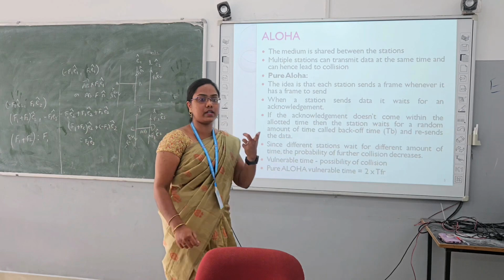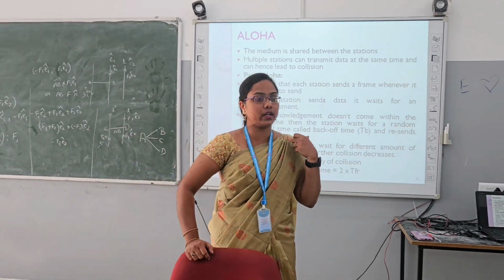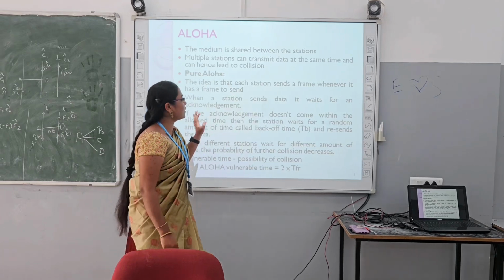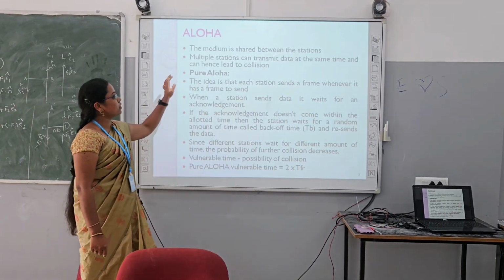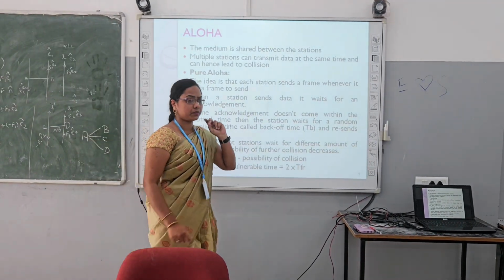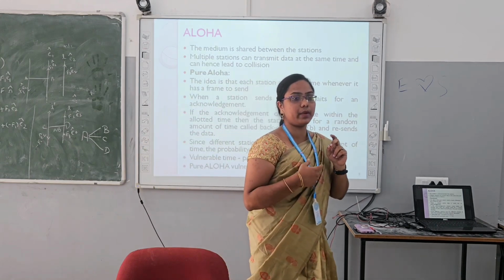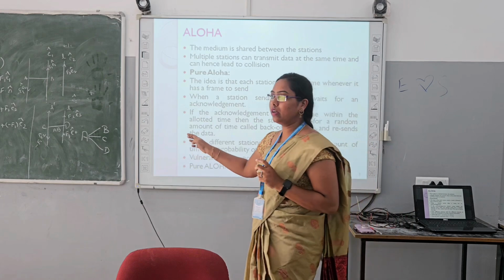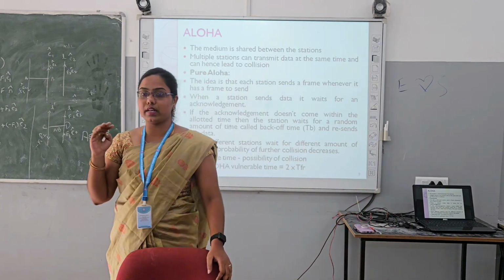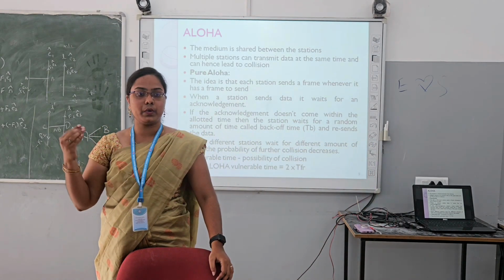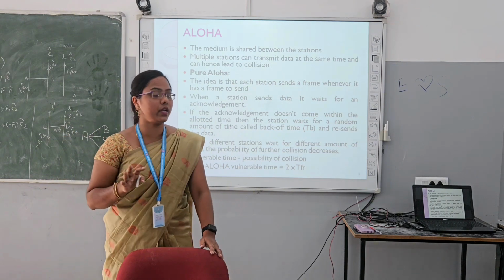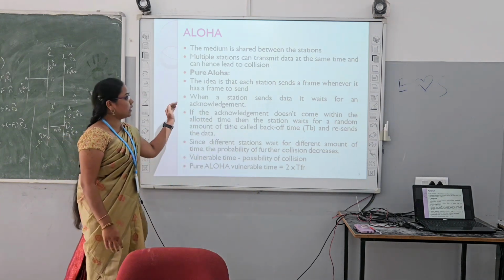More than one station or more than one device means multiple access, right? So here we are considering multiple access only. At the same time, the sender A, after the data is prepared, will transmit the data to B, C, D, all the devices at the same time.